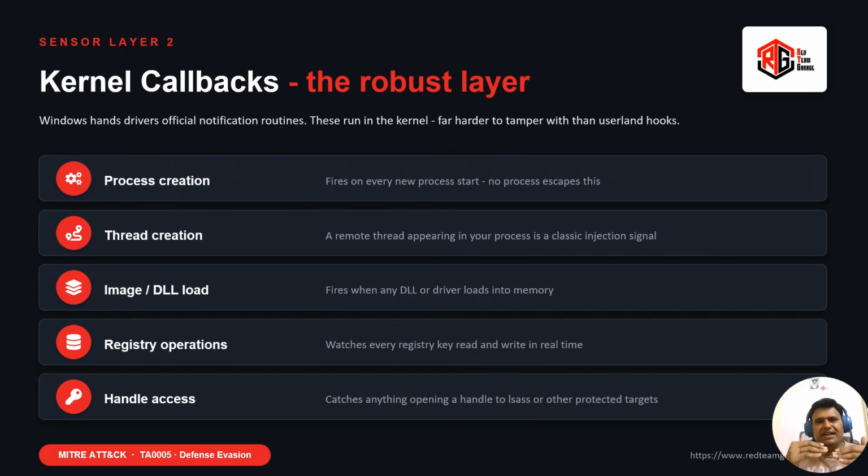Threads are an integral part of any process. Then it will check whether any image is being loaded in a portable executable file, or whether any DLL is getting executed in memory. So EDR works in this way.